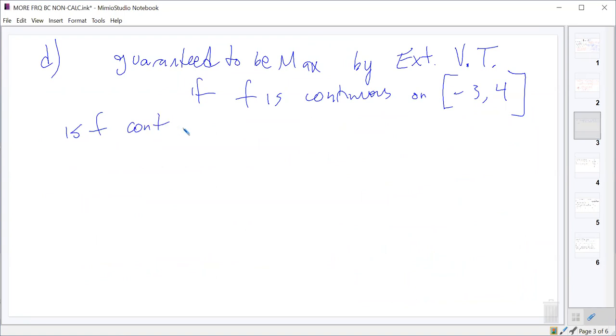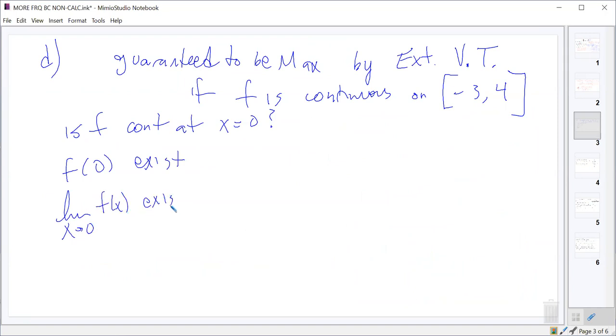continuous at 0. And so that means that f of 0 needs to exist. It means that the limit as x approaches 0 of f of x needs to exist. And it means that f of 0 needs to equal the limit as x approaches 0 of f of x. So we need to show that all three of those things are true to prove that it's continuous at x equals 0.